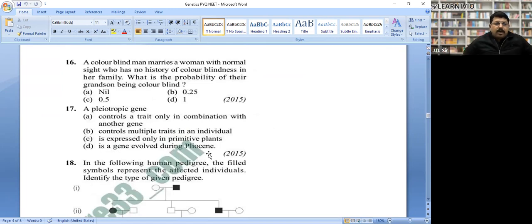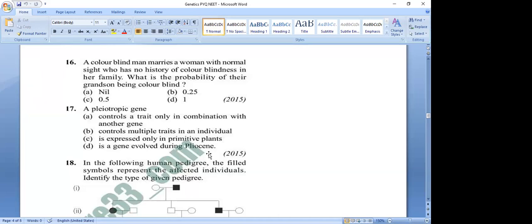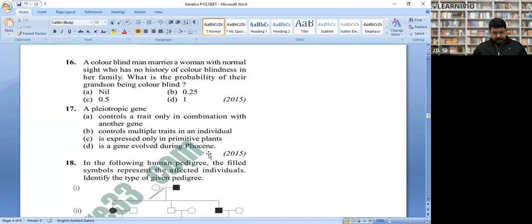16. A color-blind man marries a woman with normal sight who has no history of color blindness in her family. What is the probability of a grandson being colorblind? Grandson. 0.25. Colorblind man.